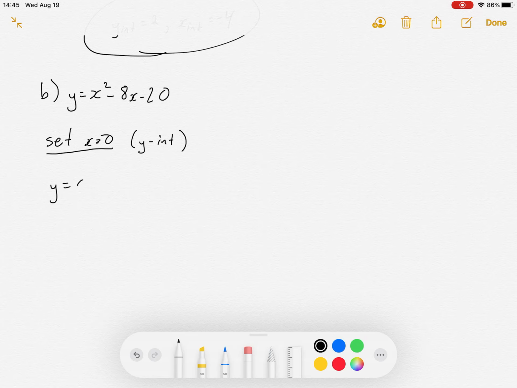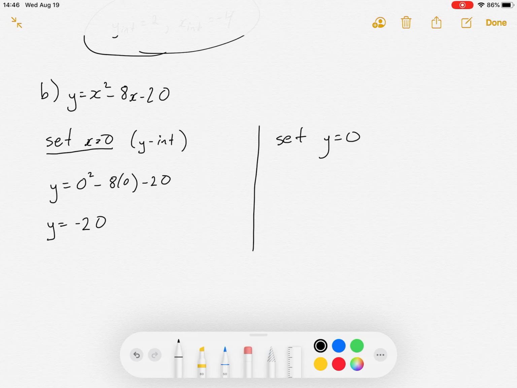So I'm going to plug in 0 squared minus 8 times 0 and then minus 20. If you plug this into a calculator, or you might be able to just do it in your head, you should end up with -20. And then on the other side here, to save some room on my paper, we're now going to set y equal to 0.